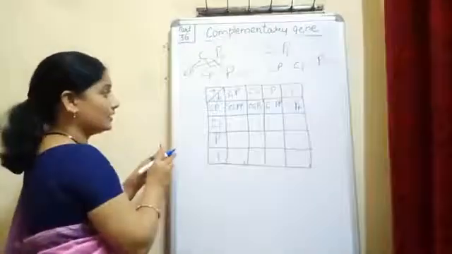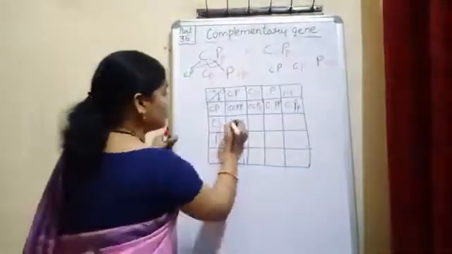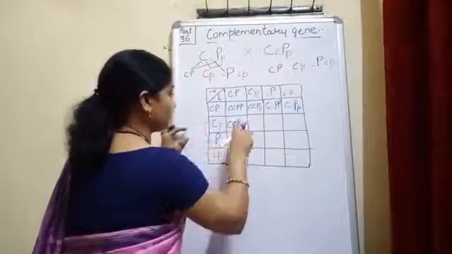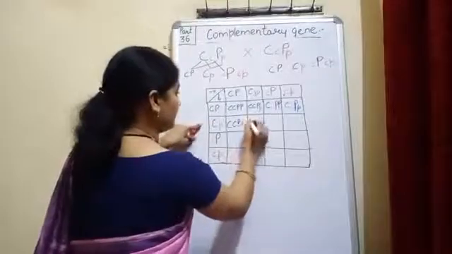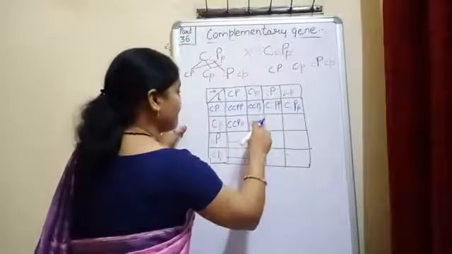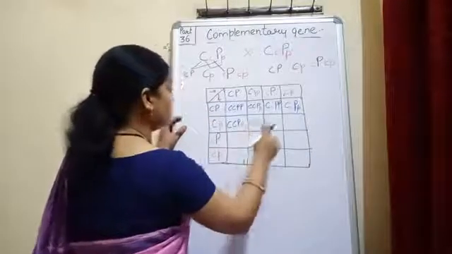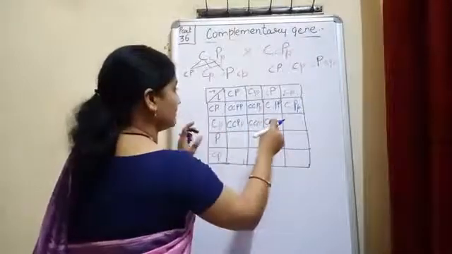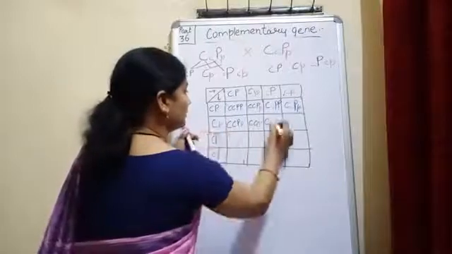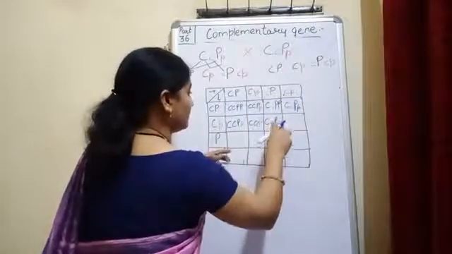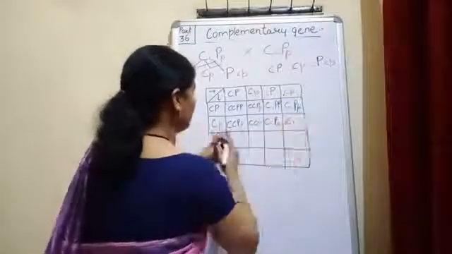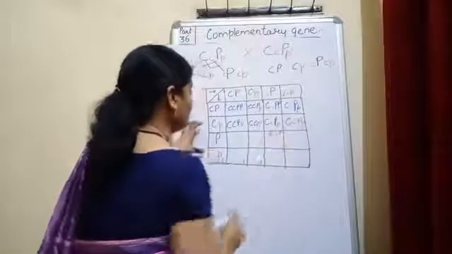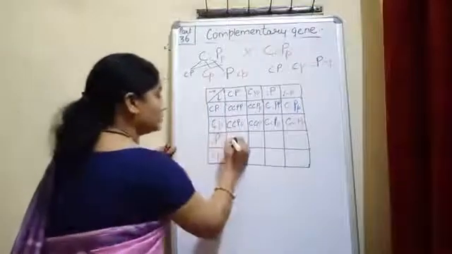Again, in the same way, I am just doing these crosses for you. C, C, P, and P, C, C, P, P. Okay, capital C, small c, clear? C for the third row.